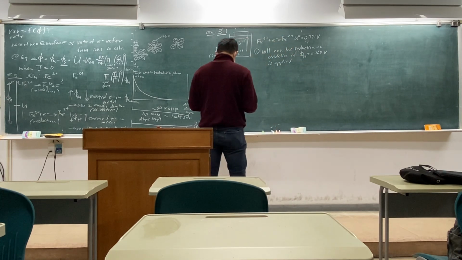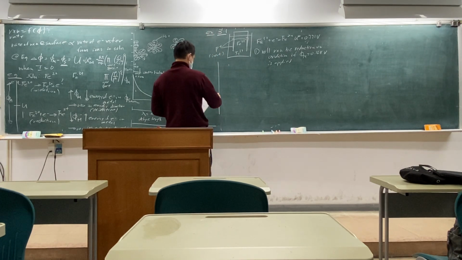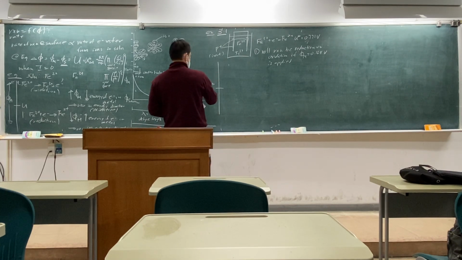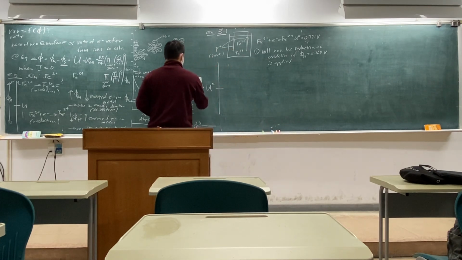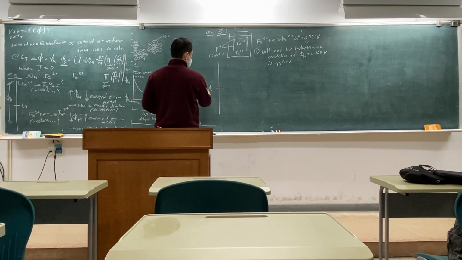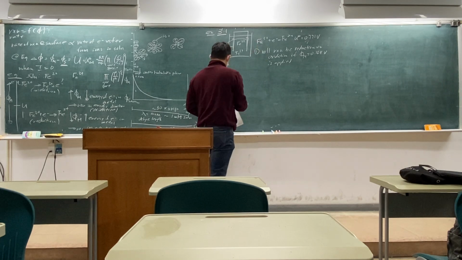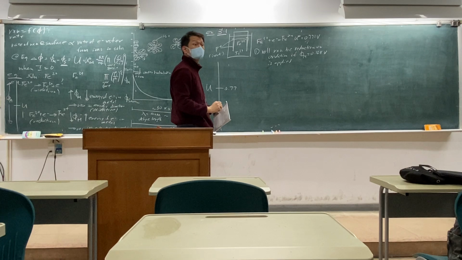So you draw this: this is U of the metal at 0.44. This is the equilibrium potential for this reaction, at 0.77 volts.